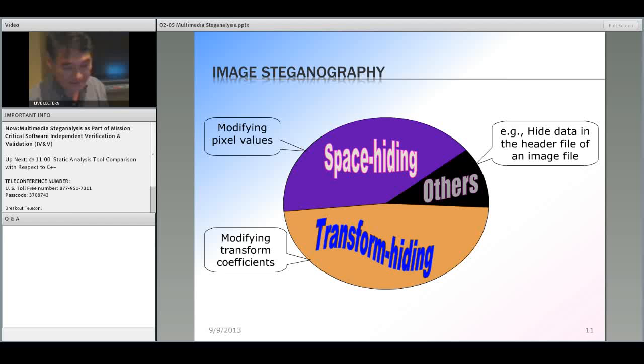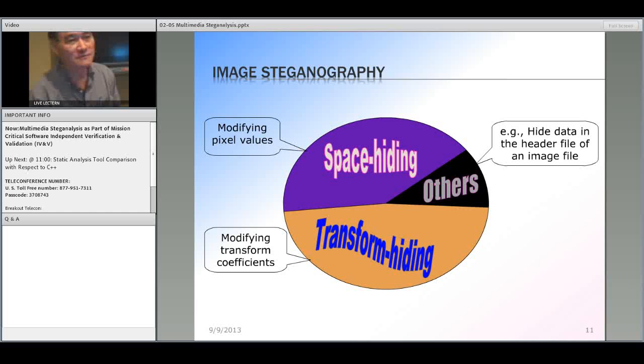One is space hiding. That means simply modifying, for example, the least significant bit of each pixel. If you modify the least significant bit, the result will be invisible. Then you just retrieve the least significant bit of the pixels and decode or decrypt it, which is pretty simple to do.